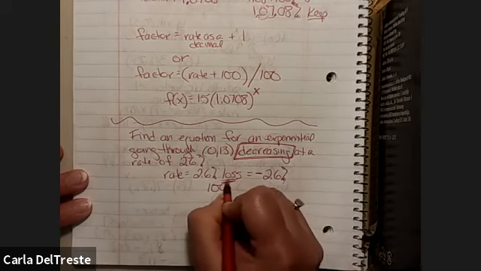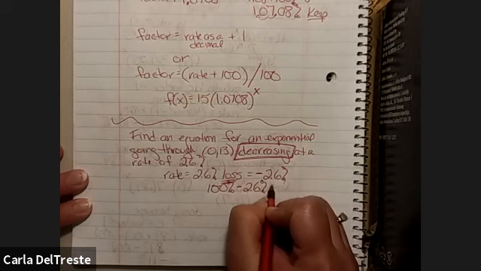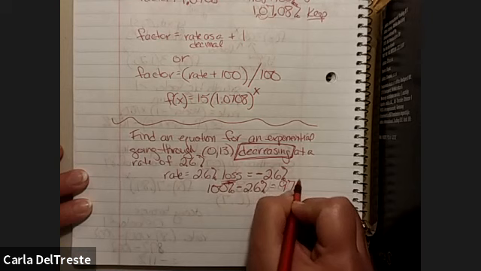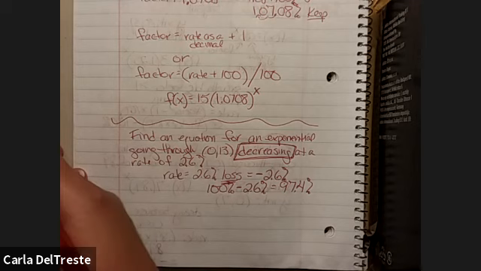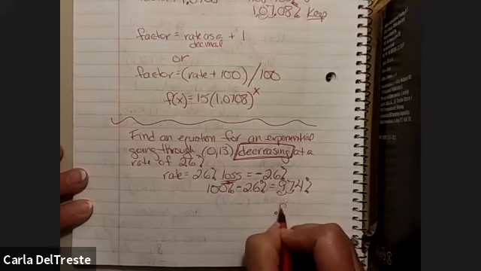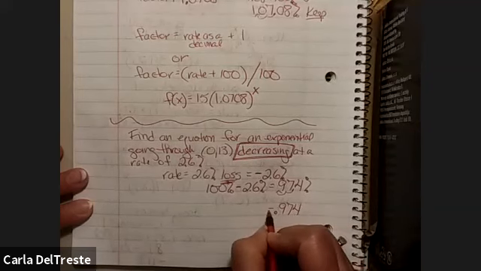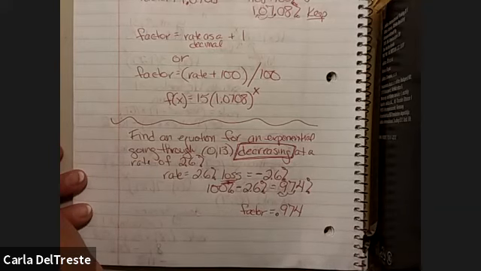So it's 100%, take away the 2.6%, and that's 97.4%. But factors are not written as percents. They have to go in the formula. So I have to convert this back to a decimal, and I get 0.974 as the factor.